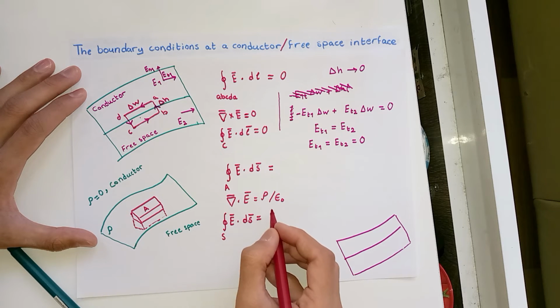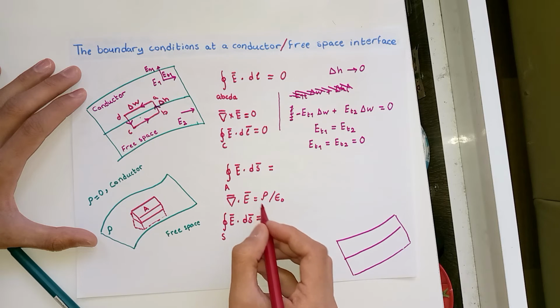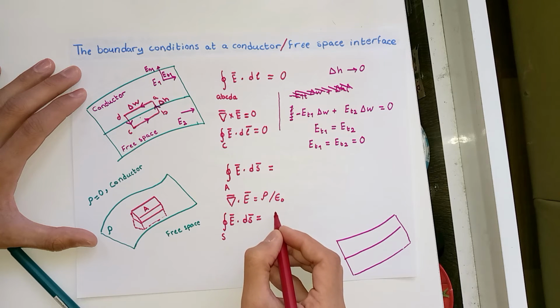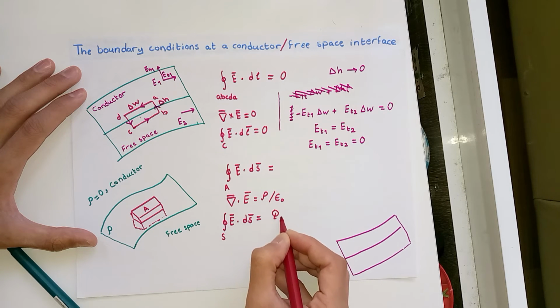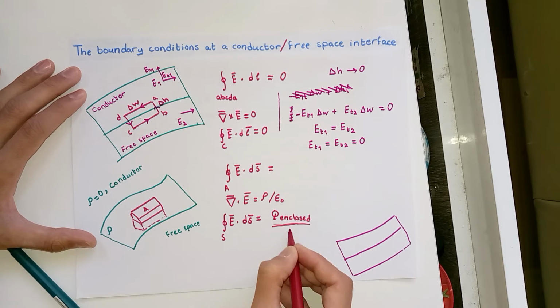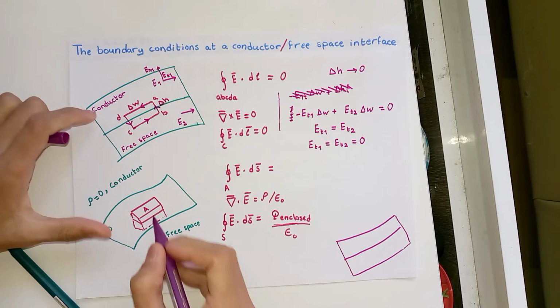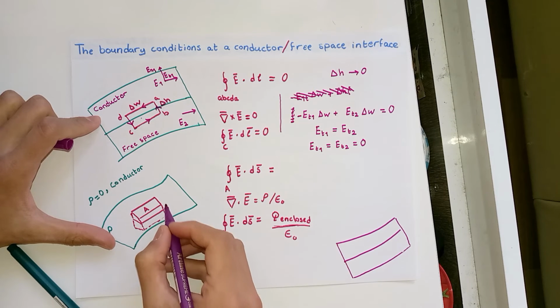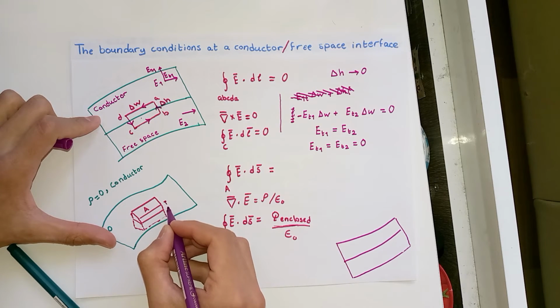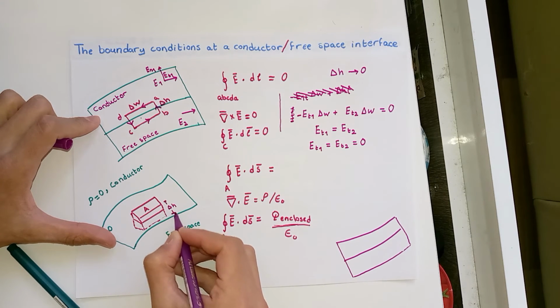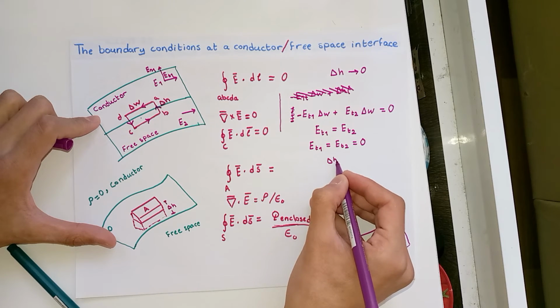And the volume integral of the charge density is the charge enclosed, Q enclosed. Now let's take the integration by making the height of this box approach 0. Let's say that the height is represented by delta H. Delta H approaches 0.